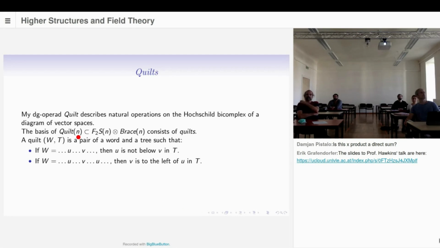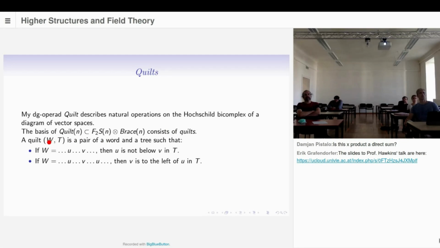So the space of arity n operations is inside the tensor product of the arity n operations with the words and with the trees. And it's not the whole thing. The basis of it consists, in a nice way, of what I call quilts.